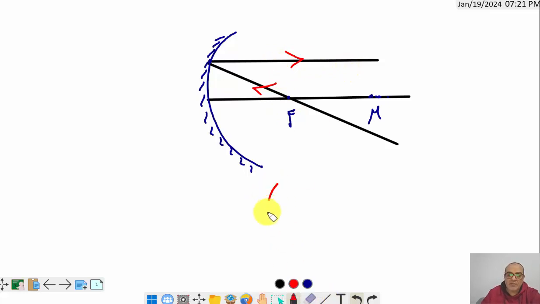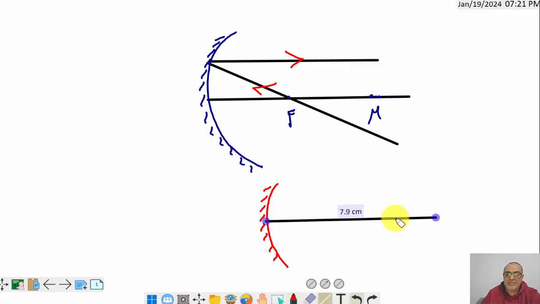The third one at the concave mirror like this, and this one is the principal axis, here the focus and the same distance the center of curvature.